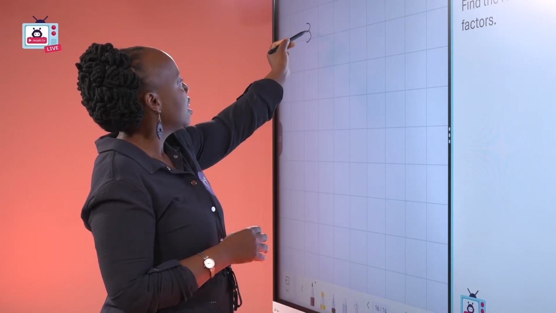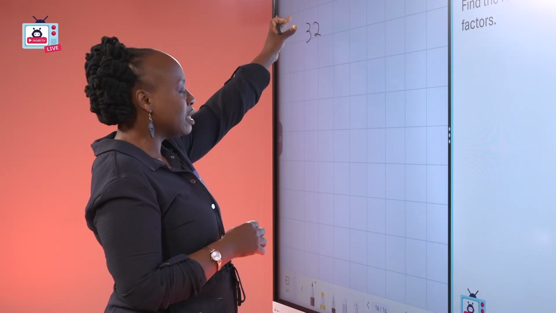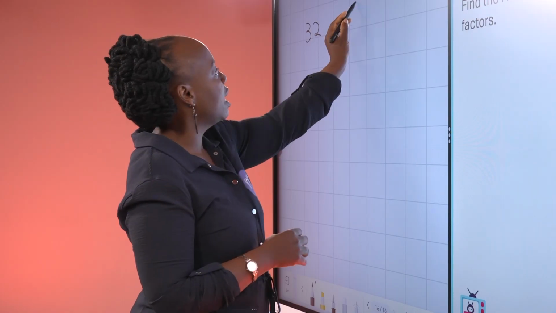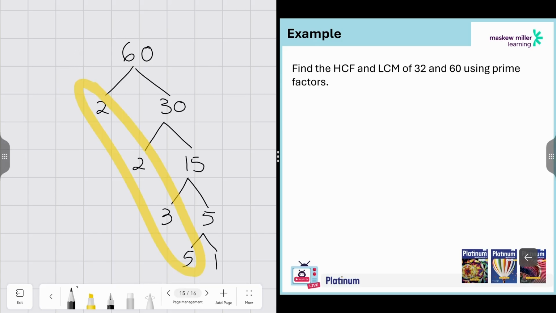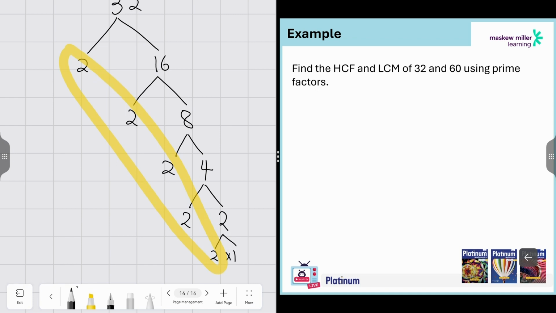You start with 32 and break it down, and you do the same with 60. For 32, we have already done that, and you can see that we had 2 times 2 times 2 times 2 times 2. So 2 is the number that we can use.